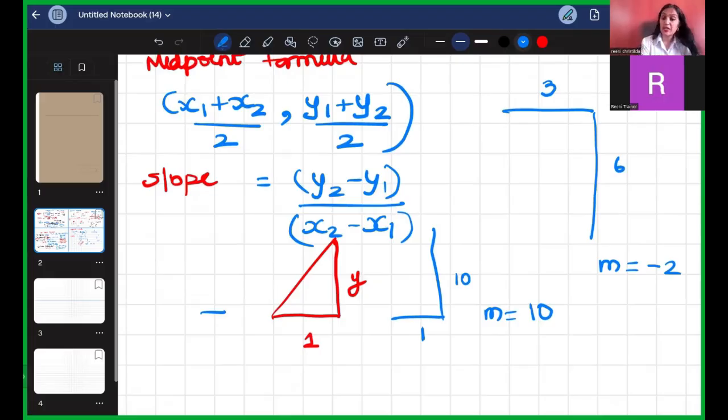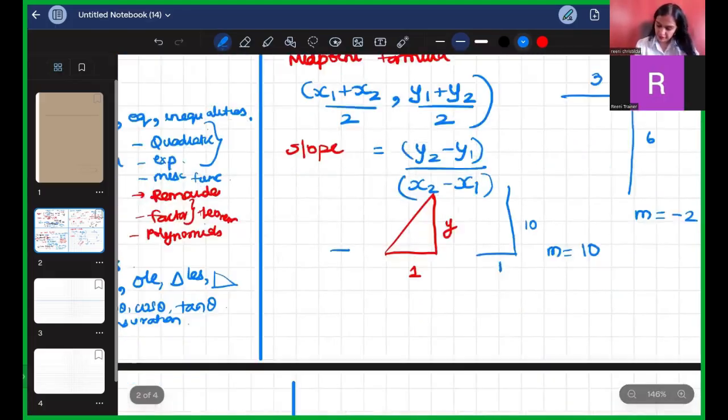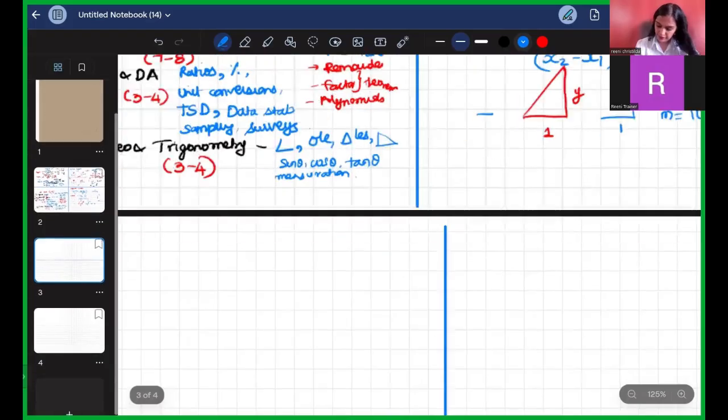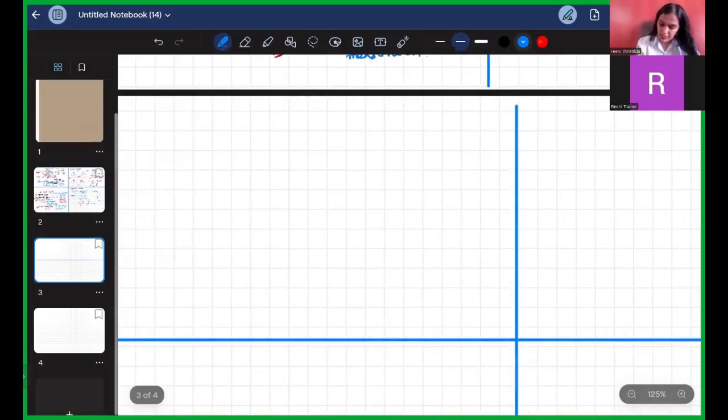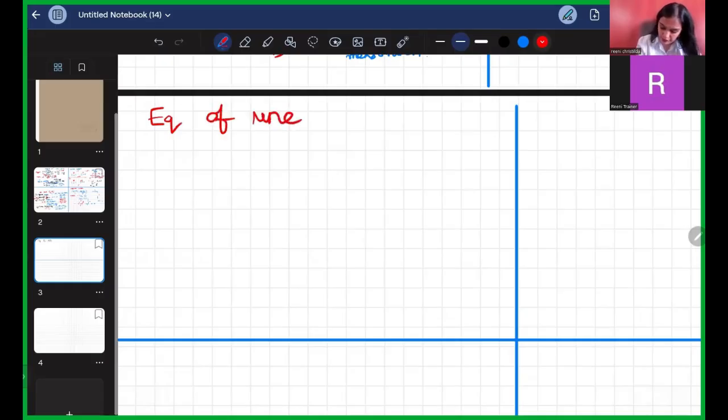So now what is the equation of a line? We all know it is y is equal to mx plus c.